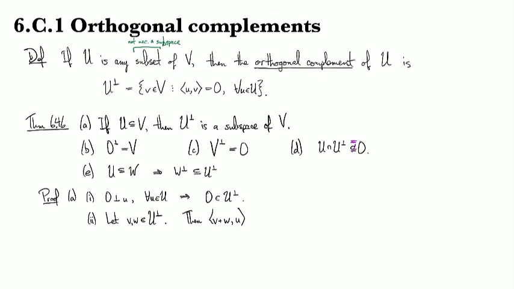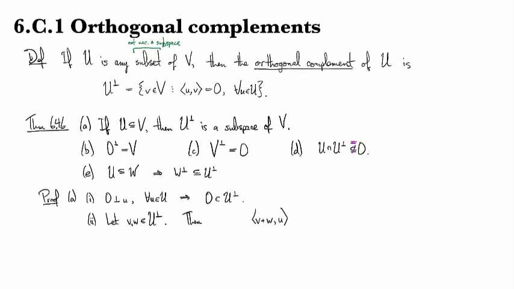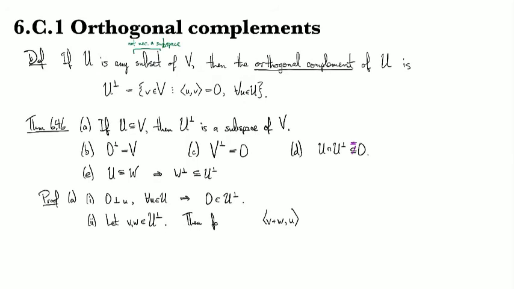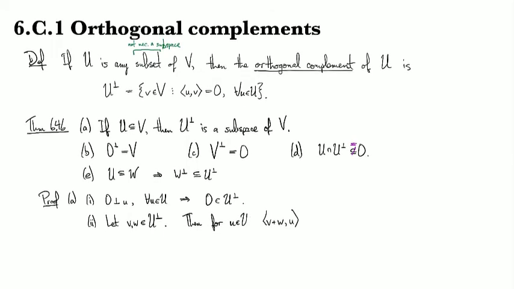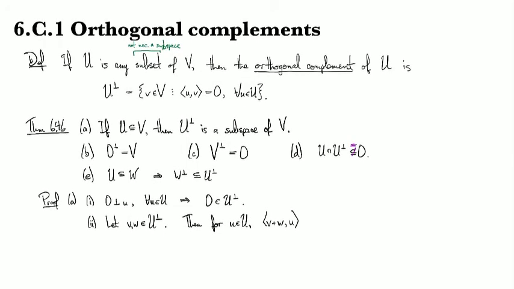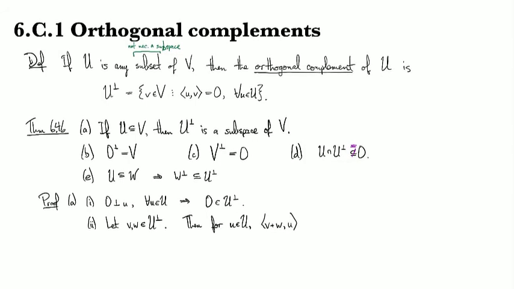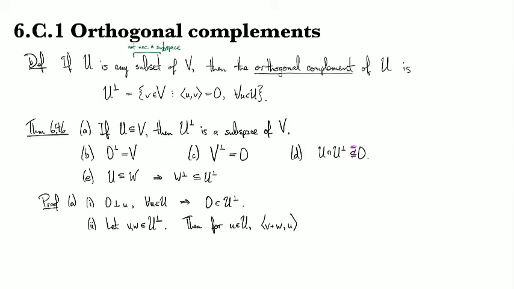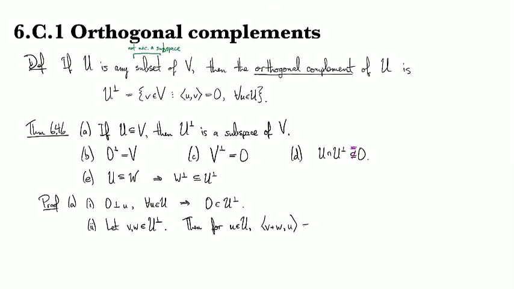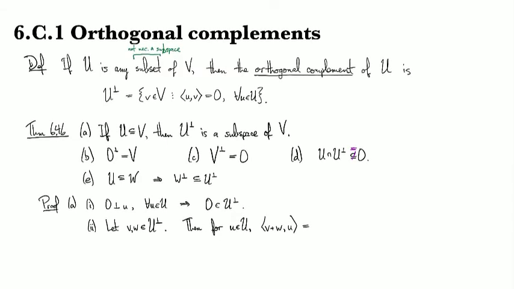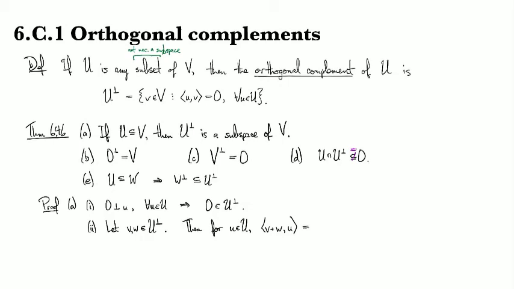So maybe I should say, if we take something from U and we put it in the inner product with the sum, well, I bet you can think without straining yourself too hard about what we need to do next. The only thing we can do is use additivity in the first slot.